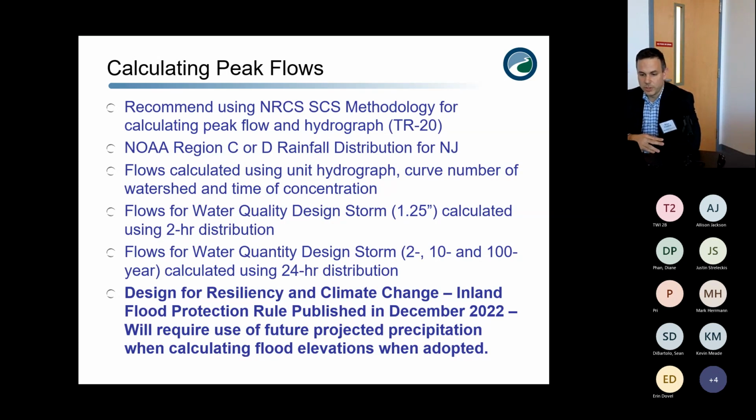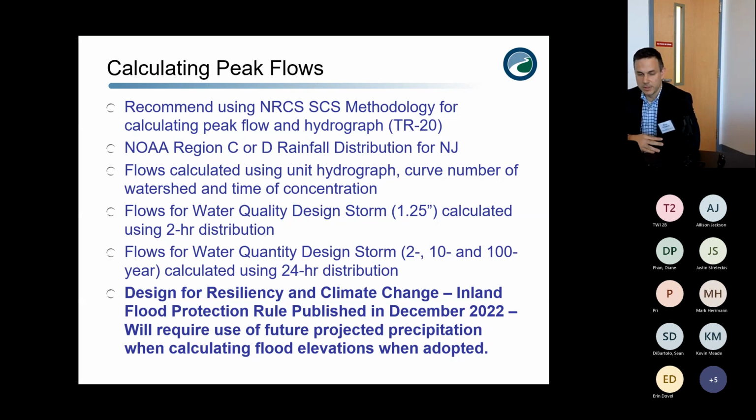So in New Jersey, when you're doing work on water quality focused designs, you're looking at the 1.25-inch storm event, which is a 2-hour storm. So you could think of this as like a thunderstorm that comes around at 2 hours, kind of a quick peak.